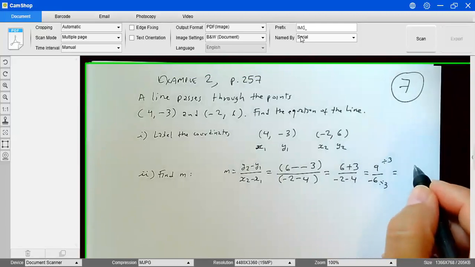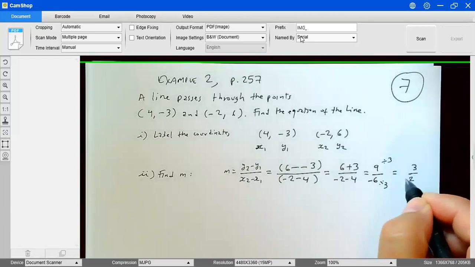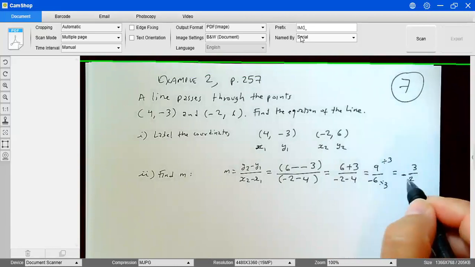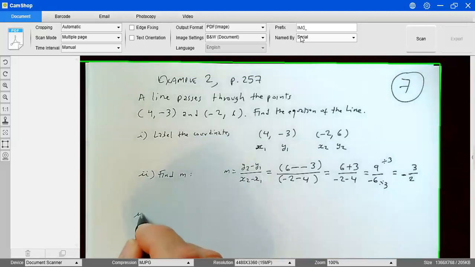So you're going to get 3 over 2 negative. The slope is negative because positive divided by negative is negative. You can put the negative on the top or on the bottom. It doesn't matter. So now the next step, we're going to get just the point slope form.